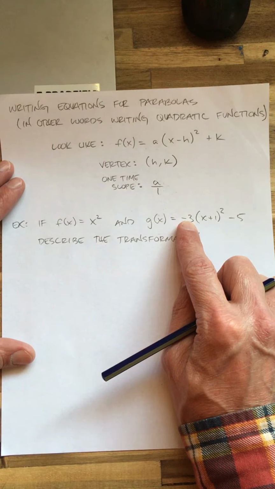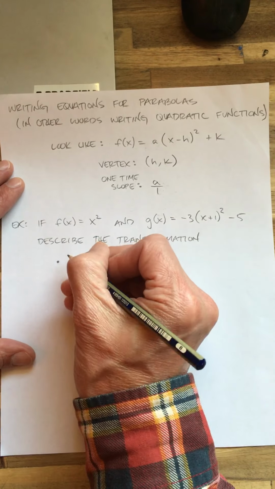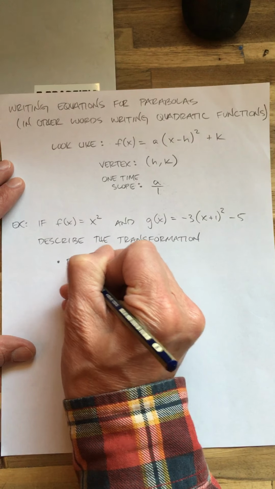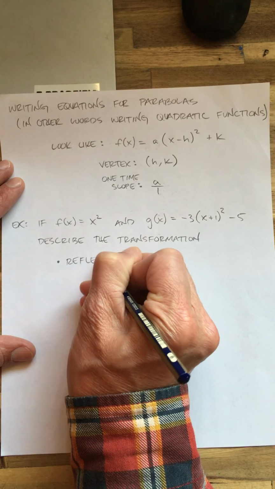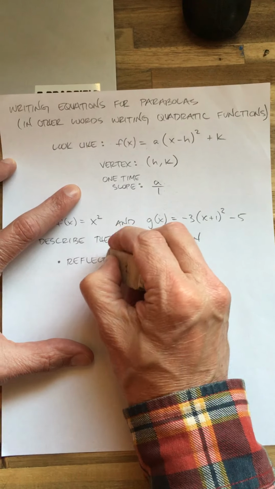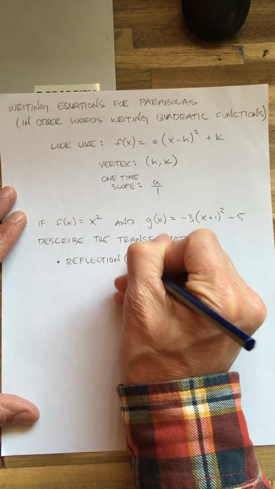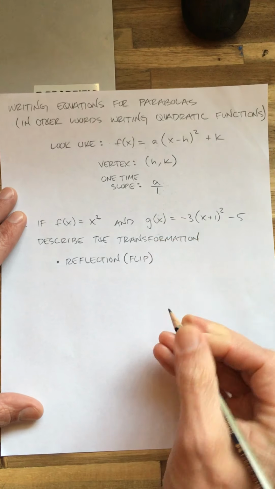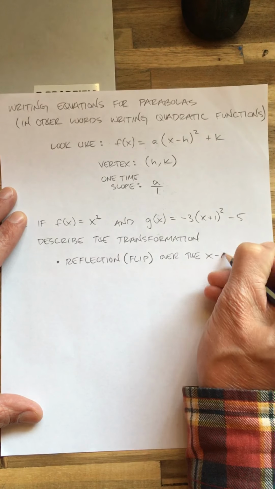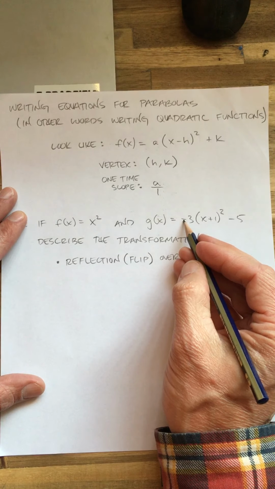So there's a few things here. The negative reflects, or in other words, flips. Reflection over the x-axis. That's the negative sign that does that.